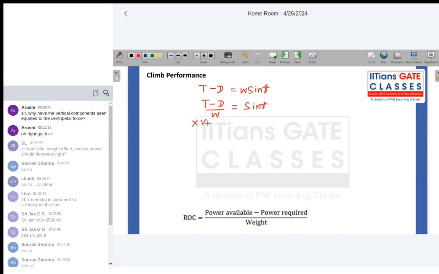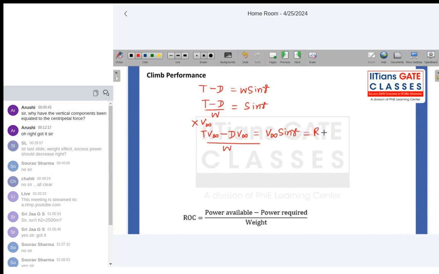If I multiply both sides by V infinity, thrust into V infinity minus drag into V infinity equals V infinity sin gamma into weight. This is your power available and this is your power required. Power available minus power required divided by weight is equal to V infinity sin gamma.